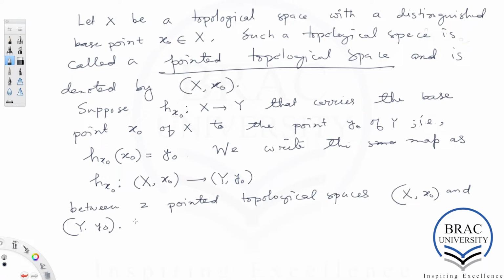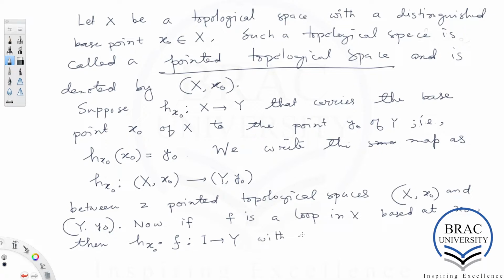Now if f is a loop in X based at x0, then one can see that this composite h sub x0 composed with f, being a map from I to the topological space Y, satisfies the following.